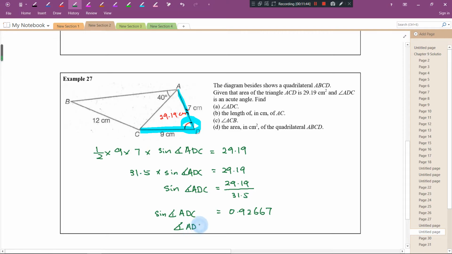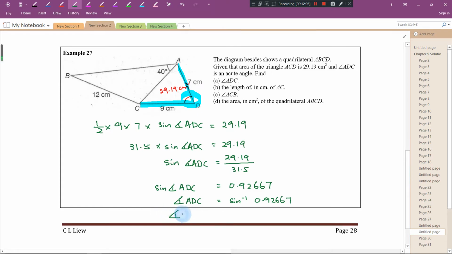Now if you want to get this angle, we just calculate the inverse sine of this. Don't forget to press shift first.